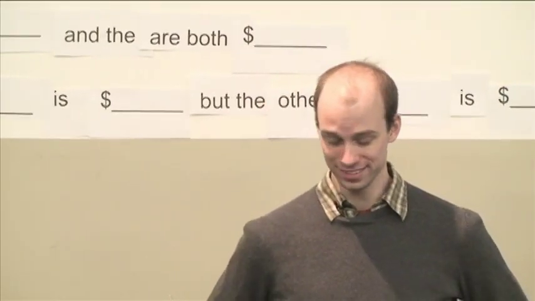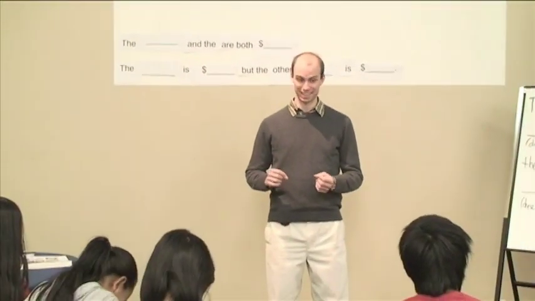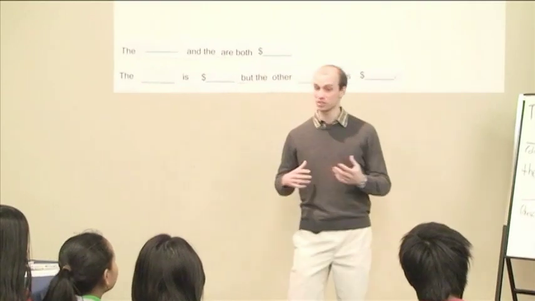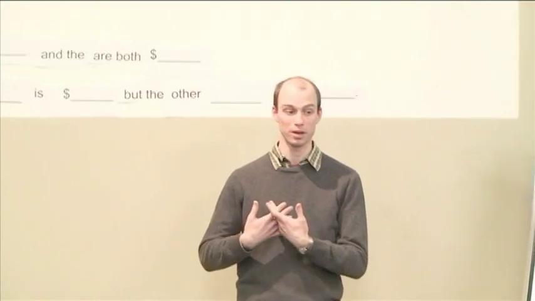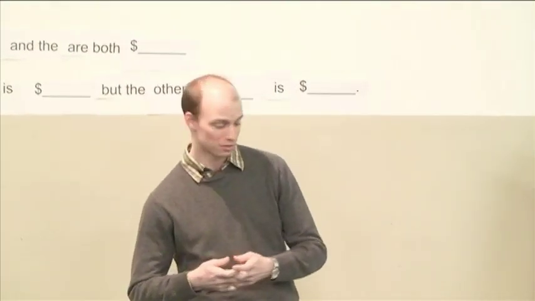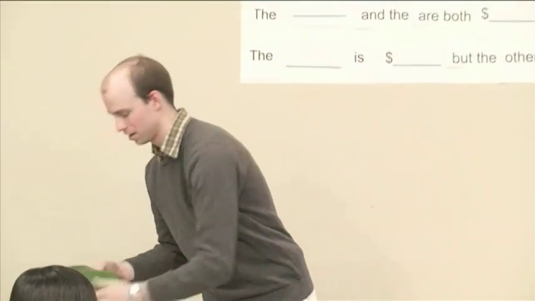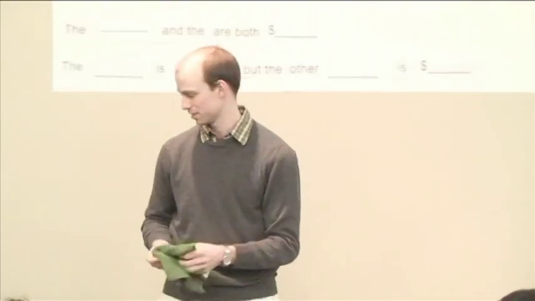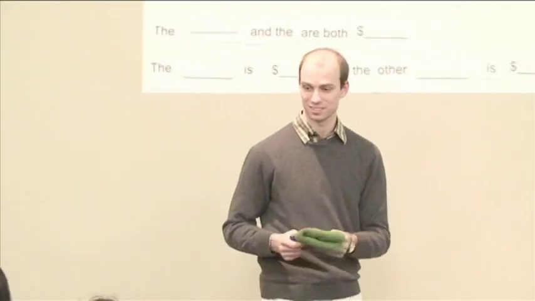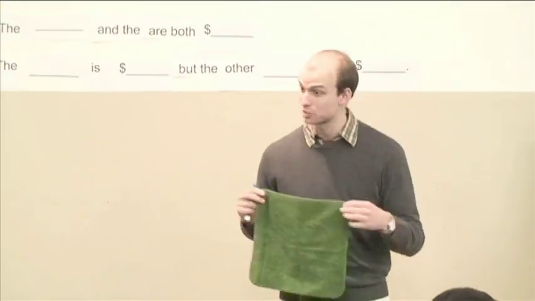Well, good morning, everyone. Let's start by reviewing what we did last week. We did a bunch of describing words. Do we remember any of these describing words from last week? What can you tell me about this towel? Soft. Okay. What else? Green.